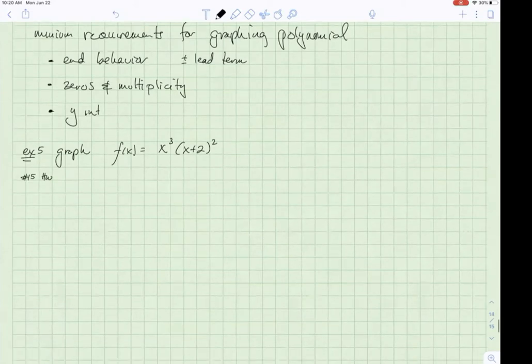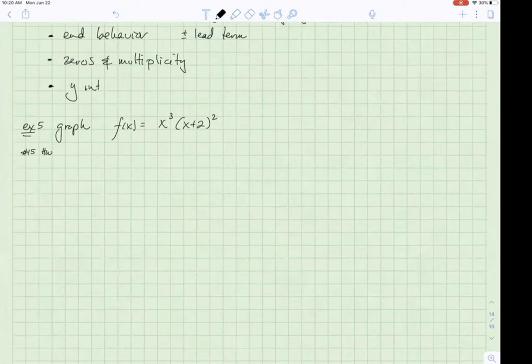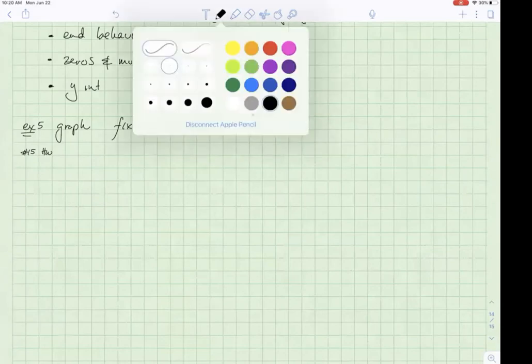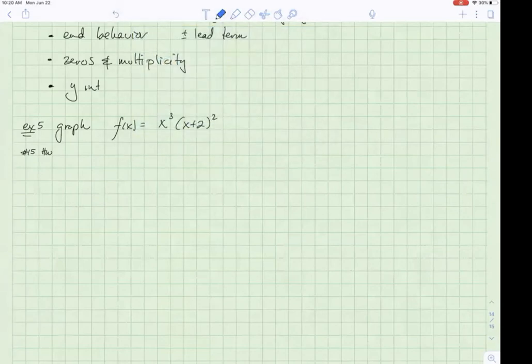Okay. So one thing that you might want to do is determine what the degree is. And that might be a simple matter of multiplying this out correctly. When we multiply this out, this is x cubed times x squared plus 4x plus 4, which is x to the 5th plus 4x to the 4th plus 4x cubed.